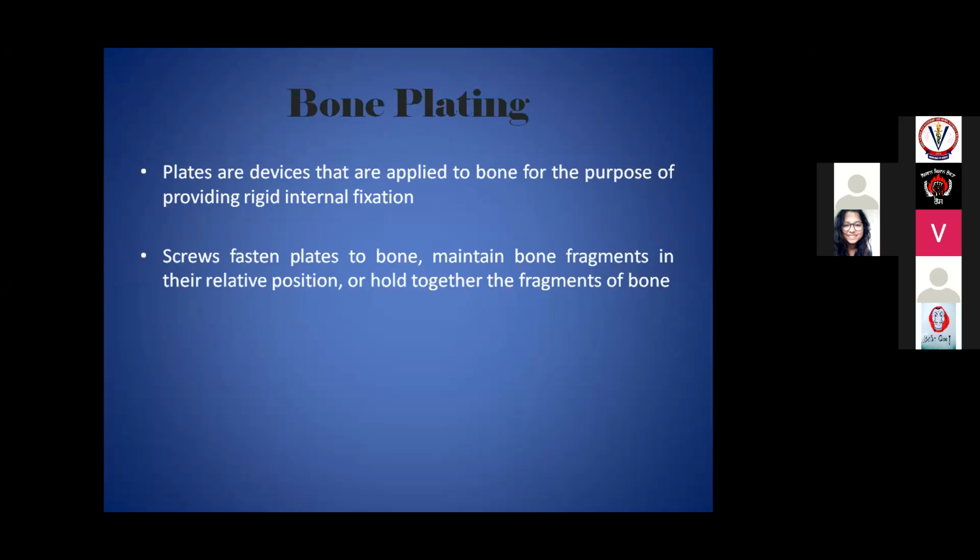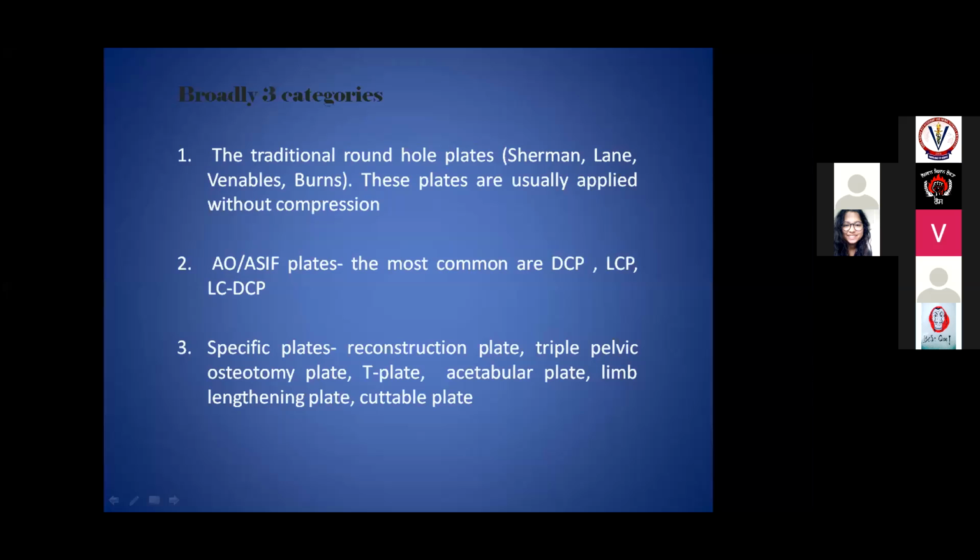So bone plating, simply you can define it as these are the devices that are applied on the bone for the purpose of fixation, and we use screws to fasten the plates on the bone. Basically, we can categorize these bone plates based upon type of holes.